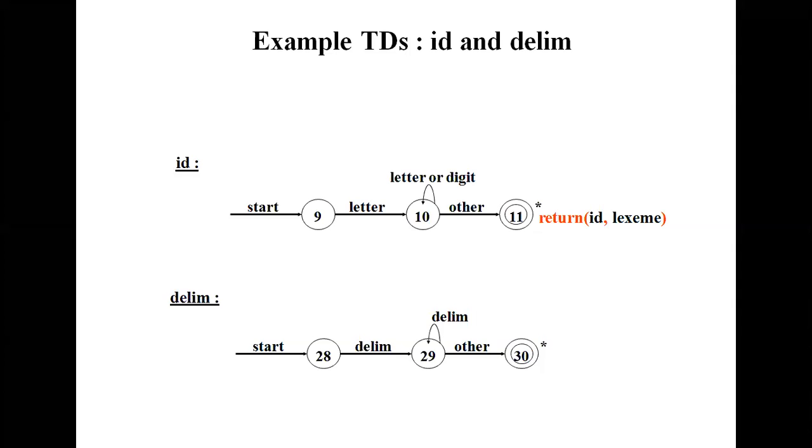All these come under the delimiters. And here we have a representation for the delimiters also. The starting state is 28, and from 28 to 29 the transition is done with a delim, and here we're using a self loop on delim, and the final state here is 30.